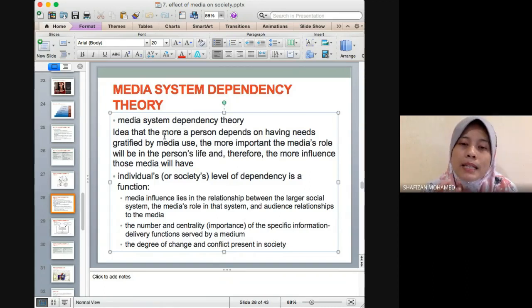They are more media dependent when their life, everything around them, is pushing them to be more gratified by media use. So it depends on the relationship within the larger social system. It depends on the centrality of media within that society, as well as the degree of change and conflict in the society.